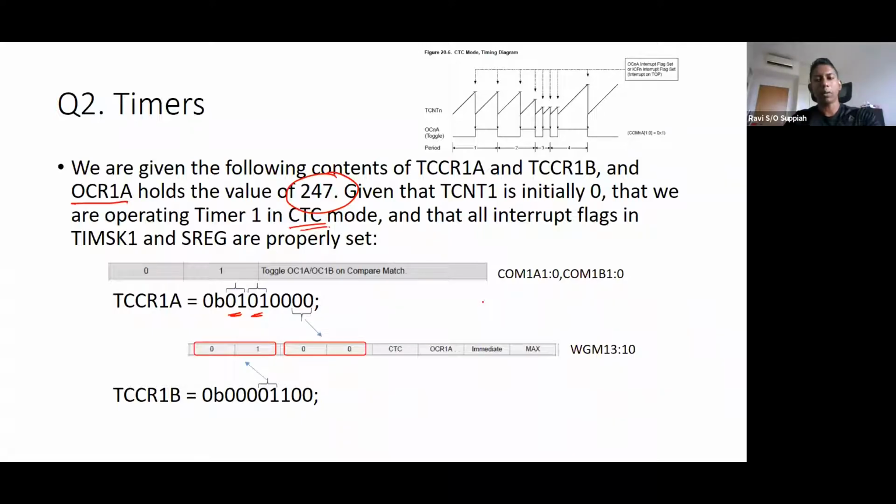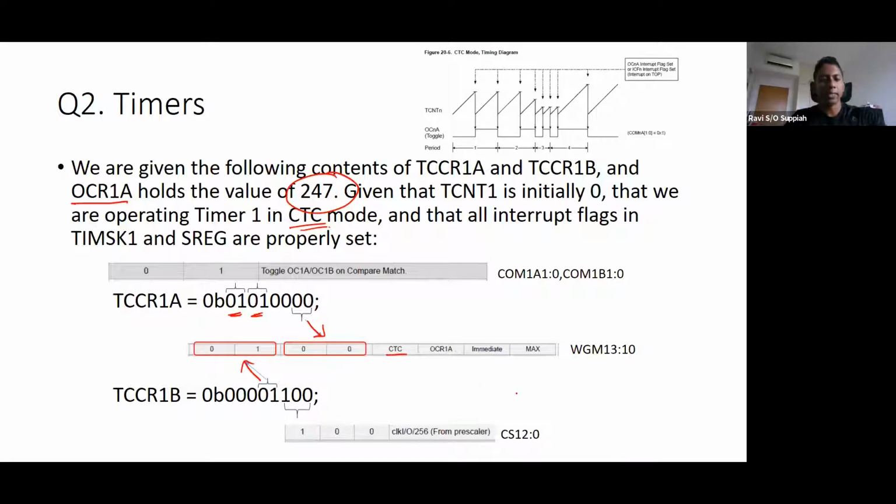And for timer one, to set the mode of operation, there are 4 bits. Those 4 bits are split into the 2 registers, the A and B registers. So the lower 2 bits come here and the upper 2 bits come here. So you have 2 parts to this, and when you look at it together as the 4 bits, you see that this mode of operation is what we call the CTC mode.